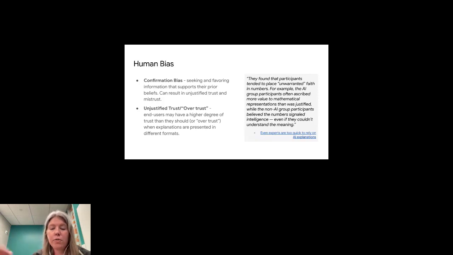Both groups, both the data scientists and the non-data scientists, had higher degrees of trust in the machine learning system when the explanations were in a mathematical format. I think that's really interesting because it goes to show that the way you interact with or trust a system can be manipulated by the form factor of those explanations. The form factor of the explanation changes the way you feel about or interact with a machine learning model. So that's really fascinating to me.